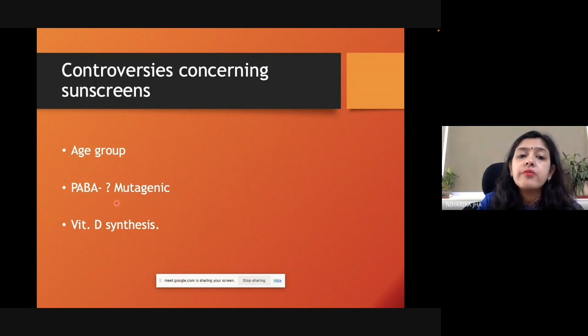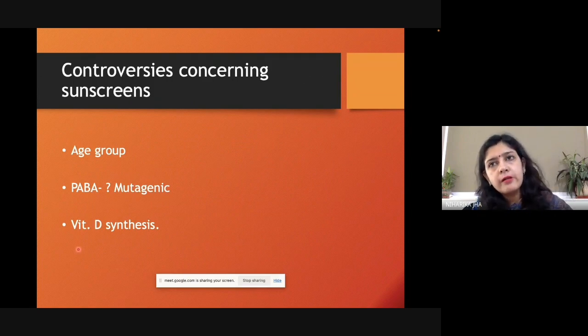PABA was considered to be mutagenic by some of the scientists, but as we have talked about previously, PABA has been mostly replaced and mostly OMC is the key ingredient in most of the sunscreens. And vitamin D synthesis. If we apply sunscreen very regularly, some scientists believe that we can develop vitamin D deficiency. That otherwise also most of us have, even if we are not applying sunscreen.